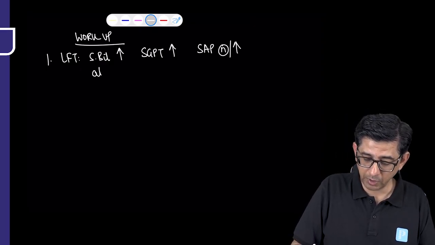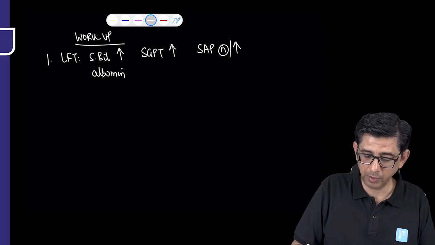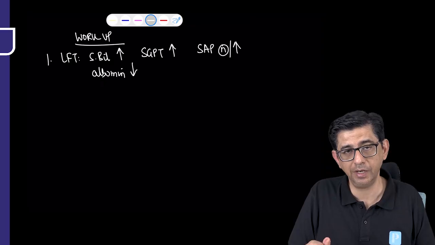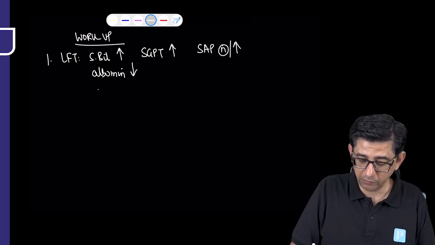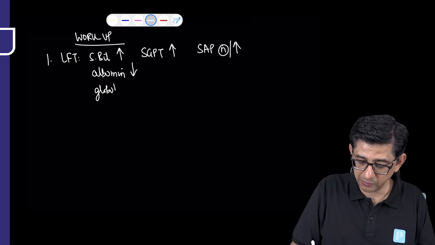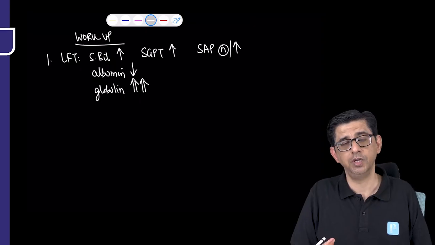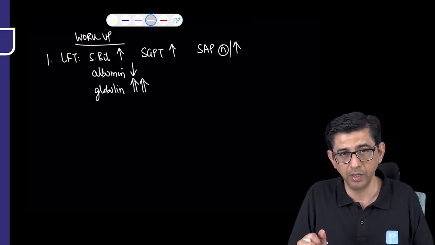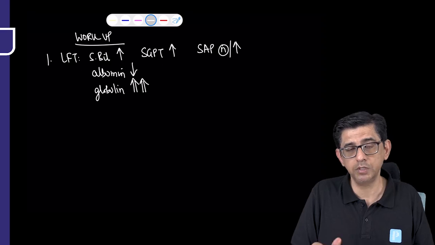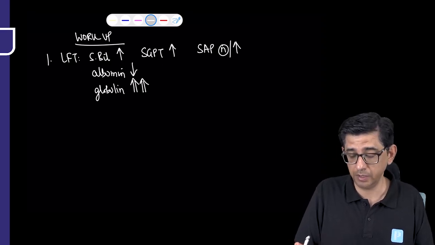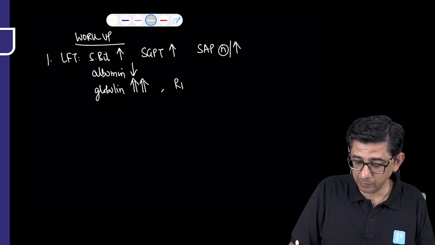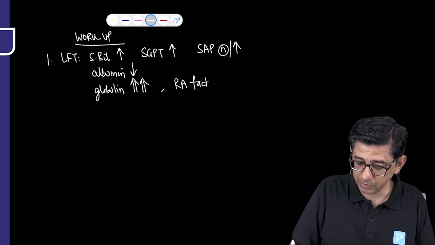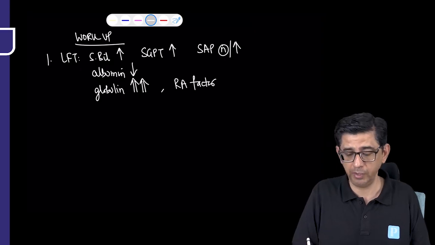Along with this, when you check out the serum albumin values, the serum albumin is lesser because damage to liver has started, and you will notice that the value of gamma globulins in these patients will be markedly high. The reason for increase of gamma globulin is because gamma globulin is catabolized by the liver, and if the liver is damaged, then catabolism will not occur, so gamma globulin is increased. Some of these patients might even be RA factor positive as well, so that's the autoimmune association that I'm trying to say.